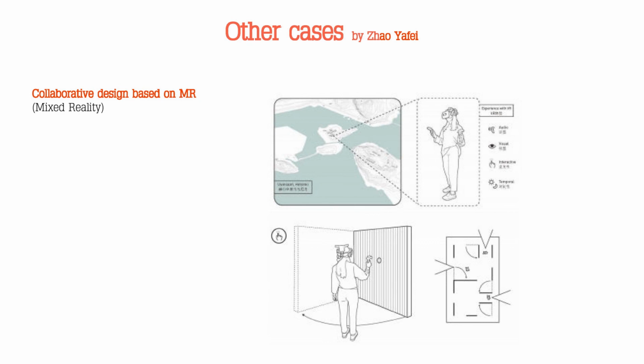Another case that we are not going to illustrate deeply, but we need to at least mention, is collaborative design based on MR, where MR means mixed reality. We know very well that mixed reality is based, for example, on helmets, smart glasses, virtual reality, virtual touch, and there are a lot of very interesting experiments in terms of VR, virtual reality.